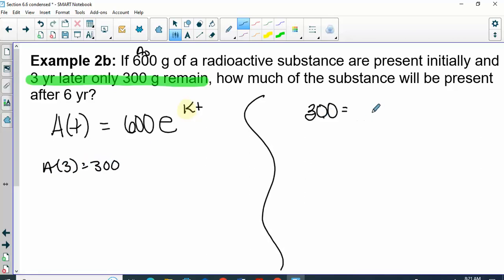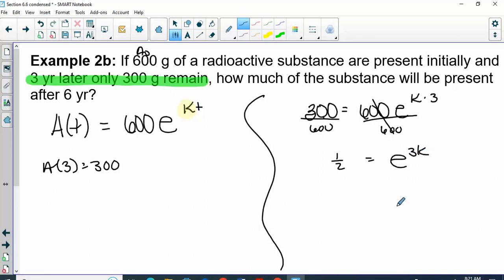So we can say 300 equals 600 e to the k times 3 power. So divide by the 600. And then take the natural log.